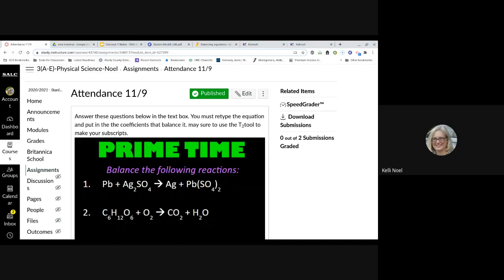Remember, if you're typing it, you can do 2 dashes and the greater than sign to get an arrow. So for those listening to the video, it'll be probably a little harder to catch how to balance these.